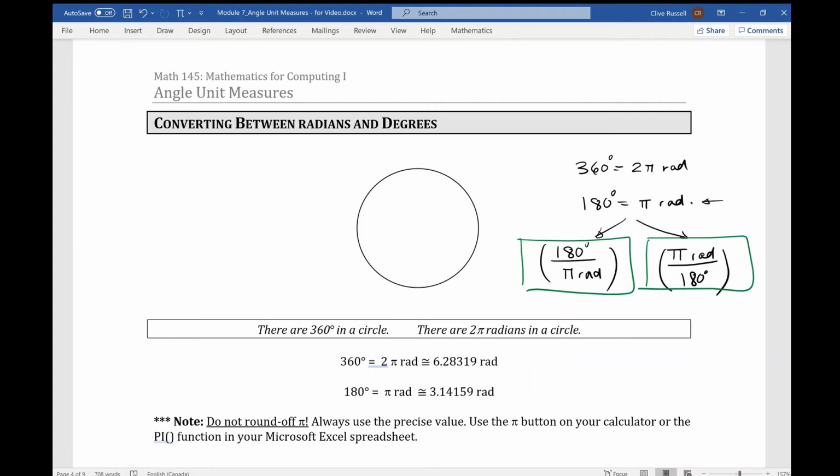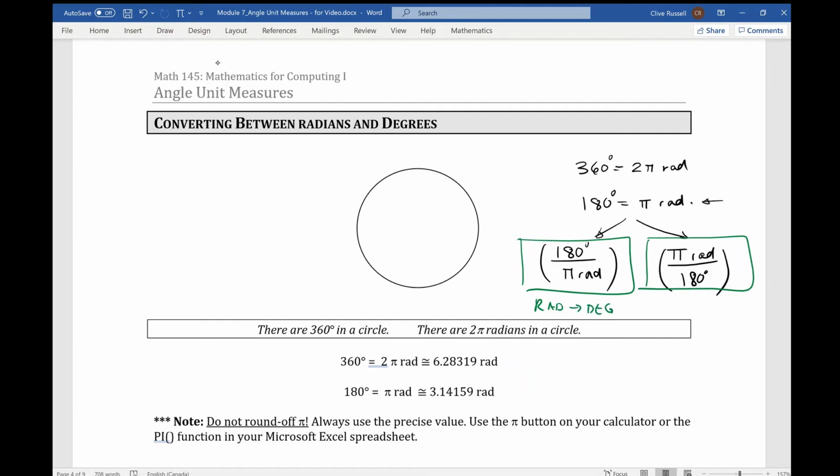And we know how to do this, because when would we use this first one? Well, radians is in the denominator. So if we want to go from radians to degrees, this is used when you're going from radians to degrees.